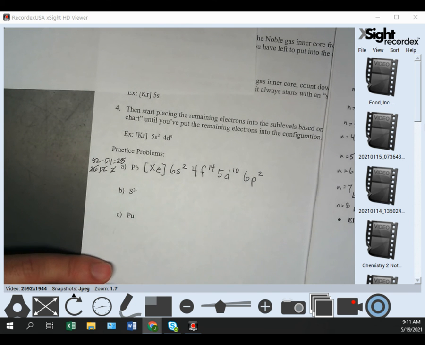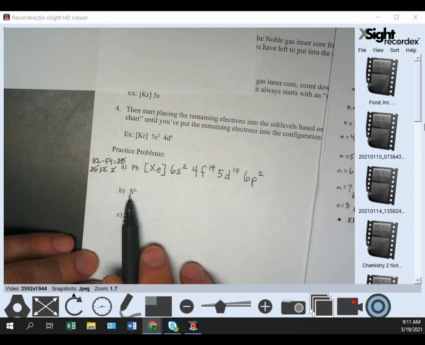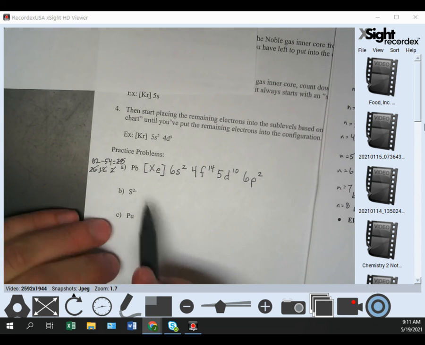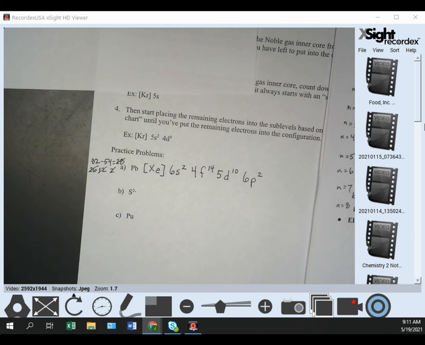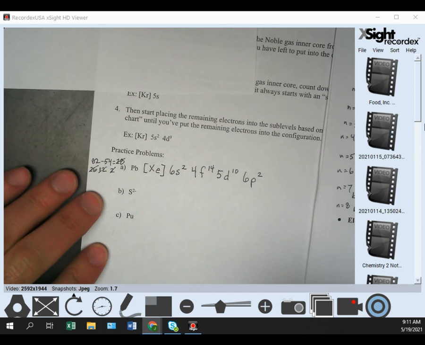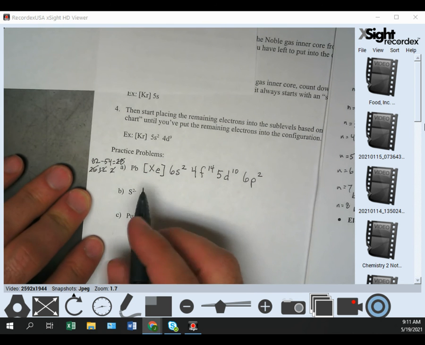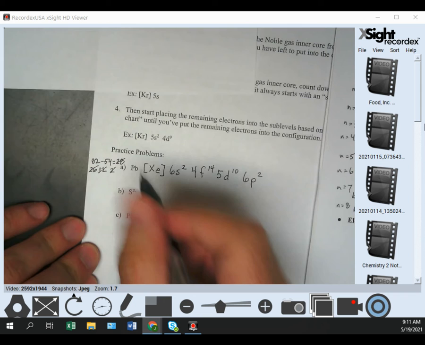Okay. All right. Let's look at B here. So anybody remember if we have a charge, like if we have a 2 negative, what that does? It adds 2 electrons. Yeah, good. Adds 2 electrons. So sulfur starts with 16, so it would have how many?